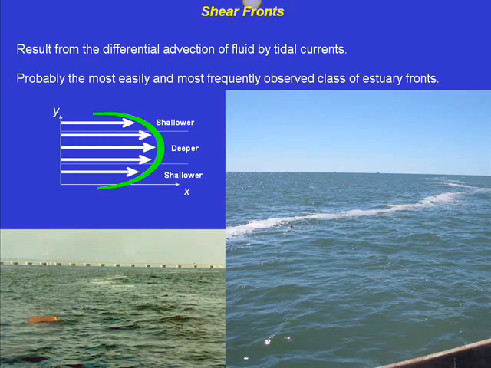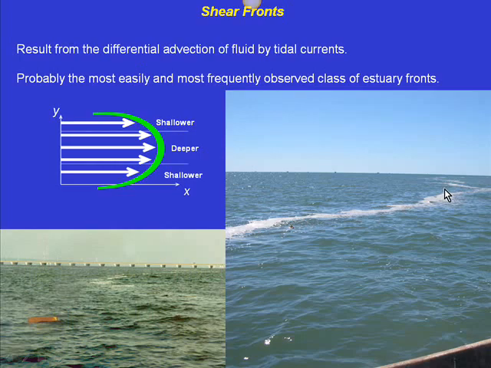And you remember, these shear fronts are caused by the differential advection of the density field by the tidal current, in such a way that the density field will be strained like that by the laterally sheared tidal current. And the lateral shears usually are produced by lateral bathymetric variations, in such a way that these lateral shears will be aligned with the bathymetry.